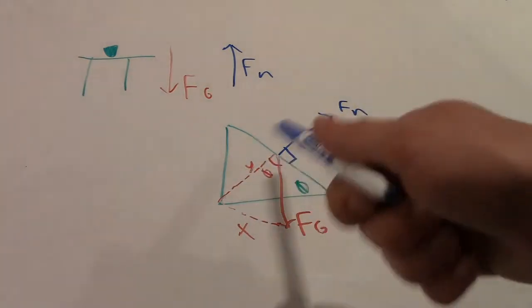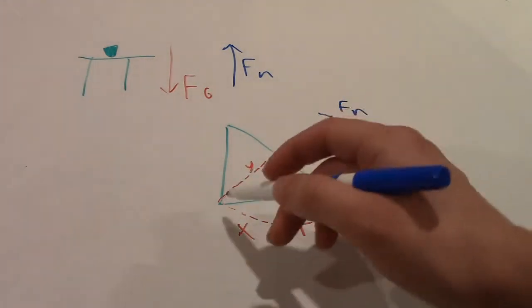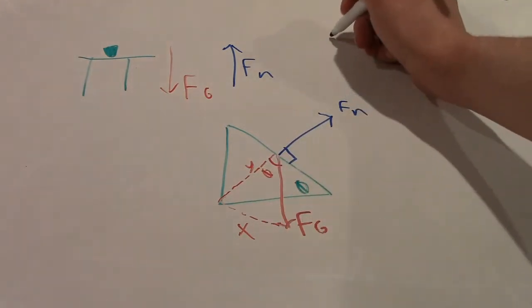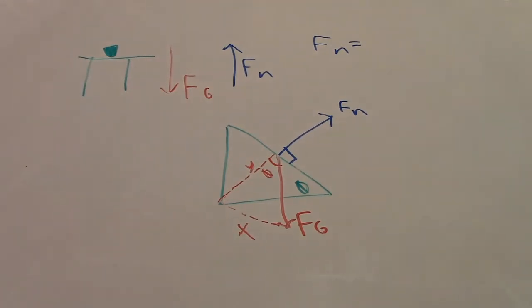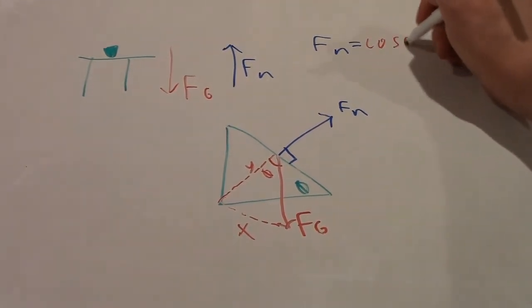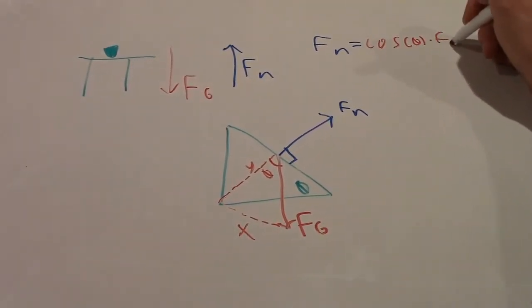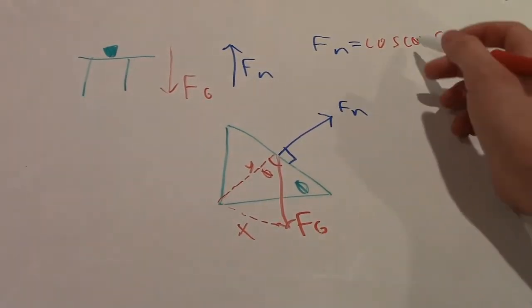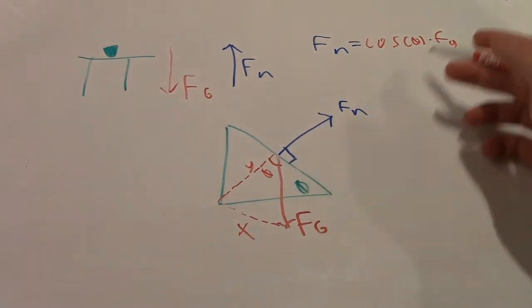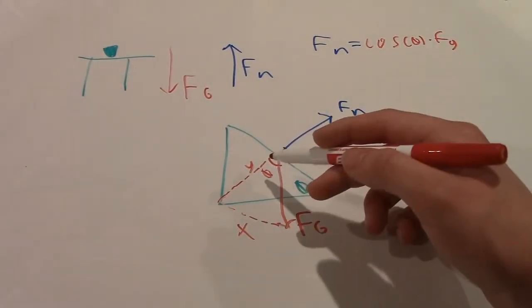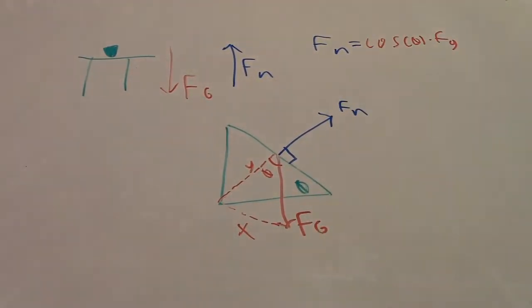So the normal force is exactly equal to this component of the gravitational force. So F sub n equals the cosine of theta times the gravitational force. It's the cosine because cosine is adjacent over hypotenuse, and the hypotenuse is the full gravitational force, so that gives us the y component. So that's the normal force.